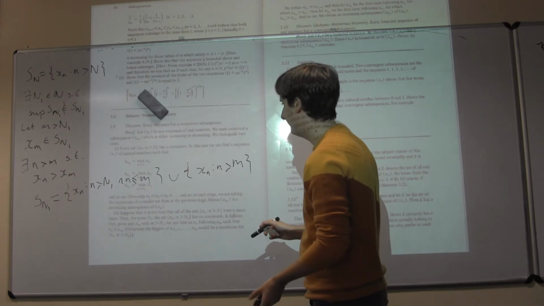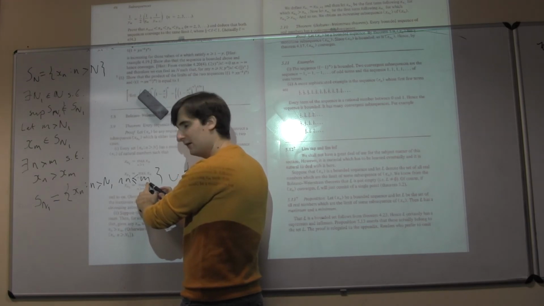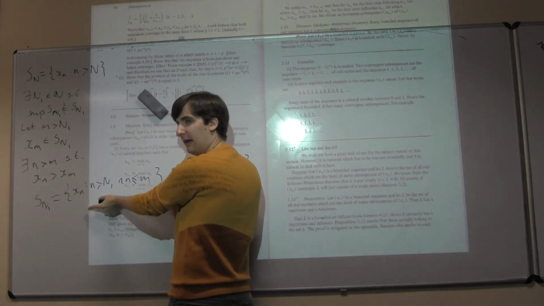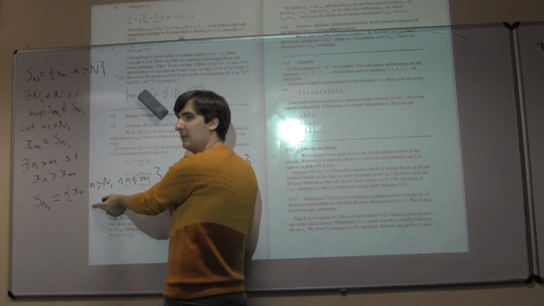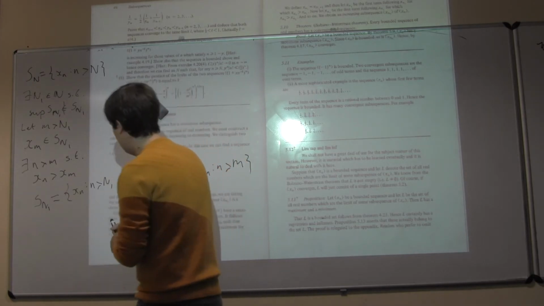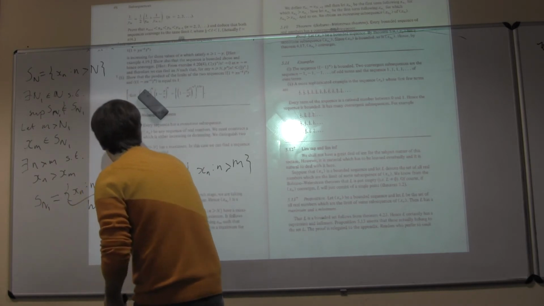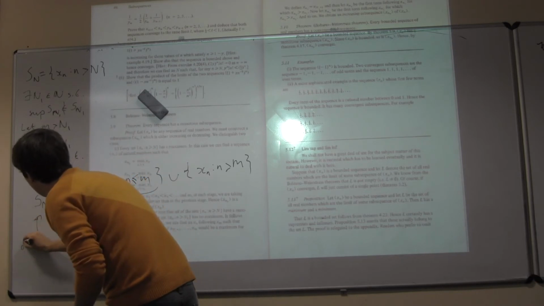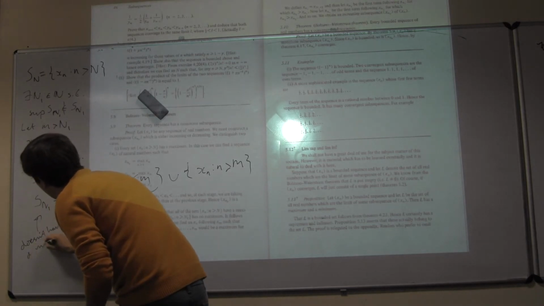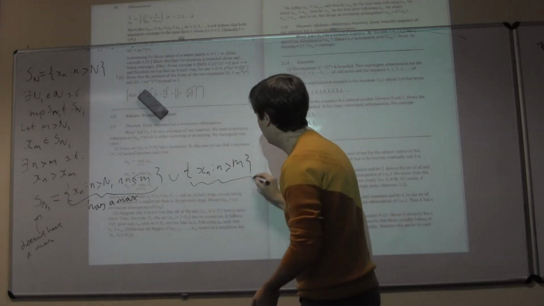And this set has finitely many elements. M is finite. So this is a set with finitely many elements, and this set certainly has a maximum. Any set with finitely many elements has a maximum. So if this has a max, but this doesn't have a max, then it must be the case that this doesn't have a max.